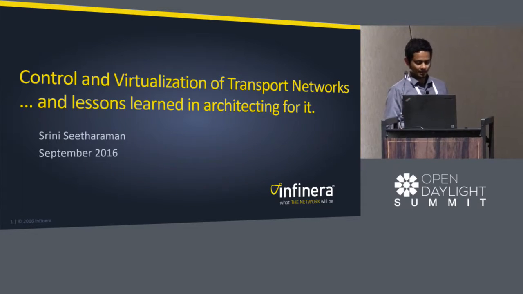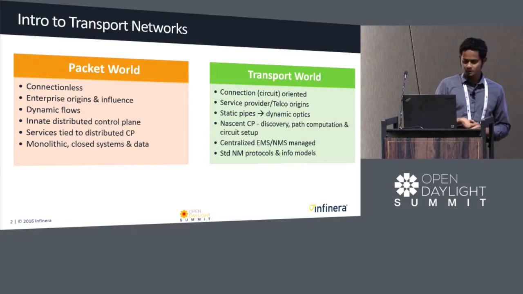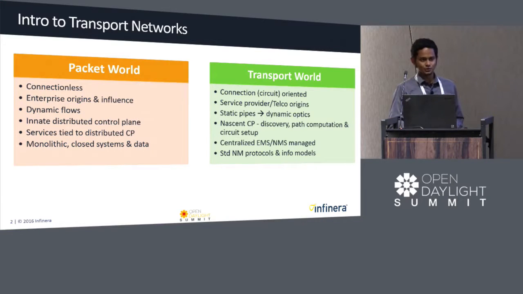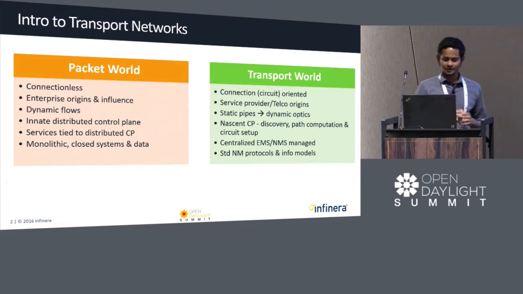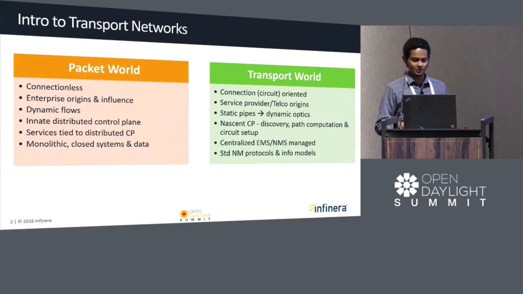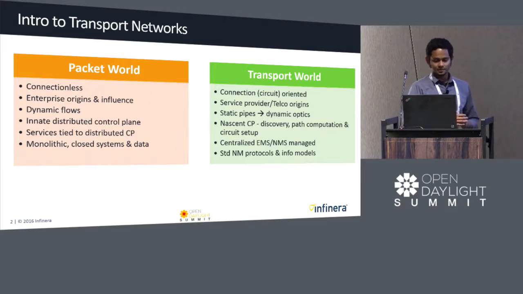I was fairly new to the transport world, so I think it will help most of us to just get on the same page in case you're not from the transport world. So in the past, most of you are familiar with the packet side. It's connectionless, best effort. You have a distributed control plane that does routing protocols and programs rules and things like that.